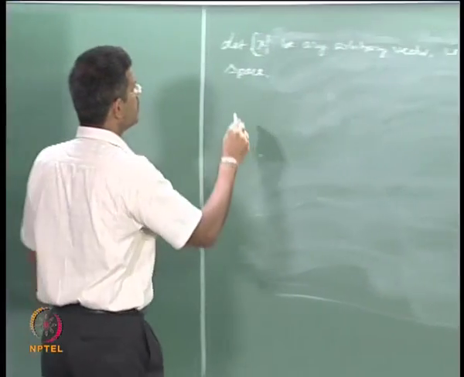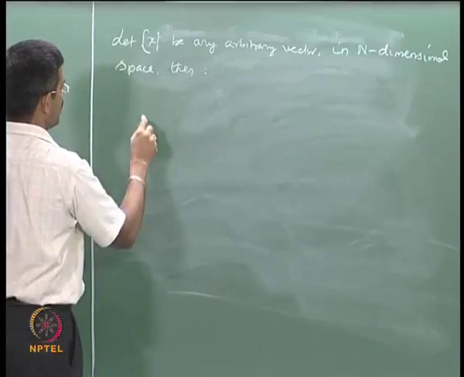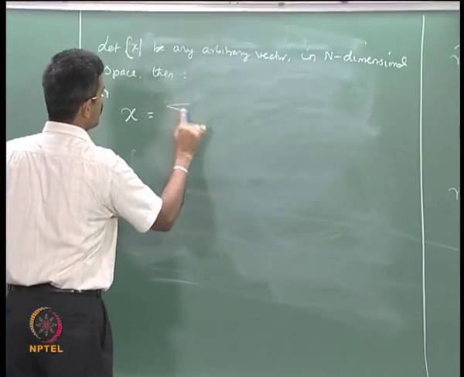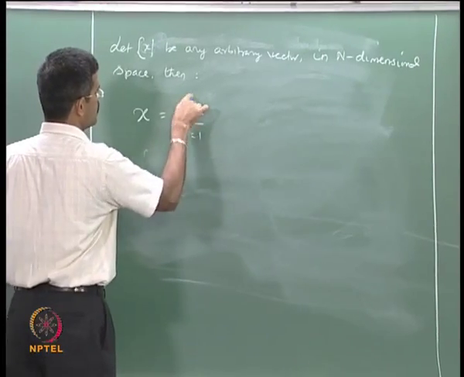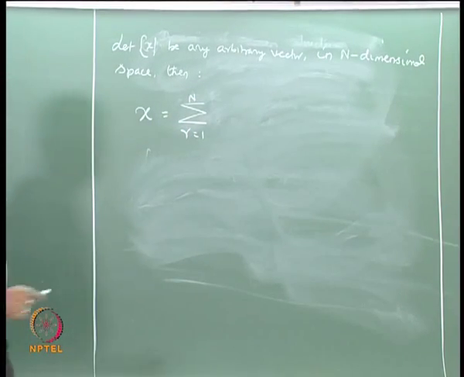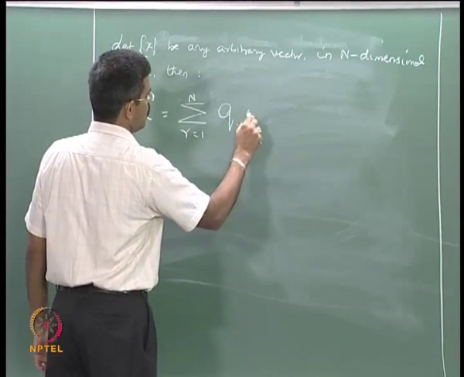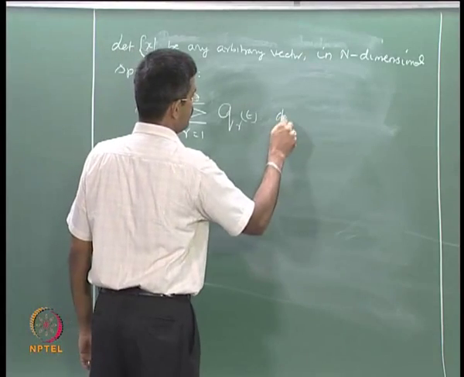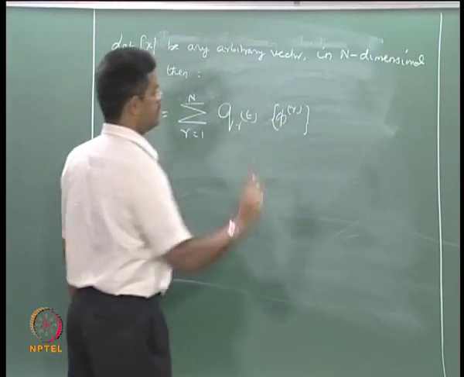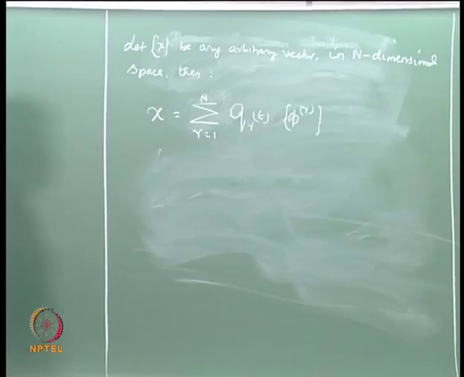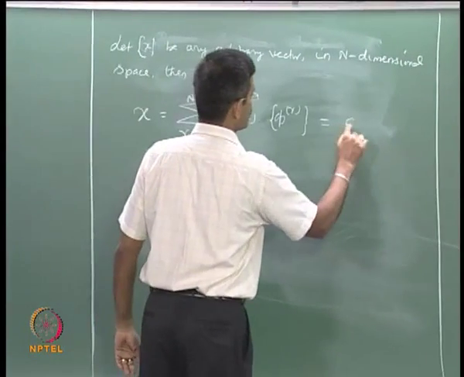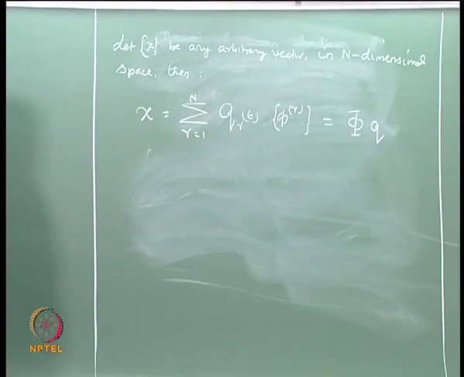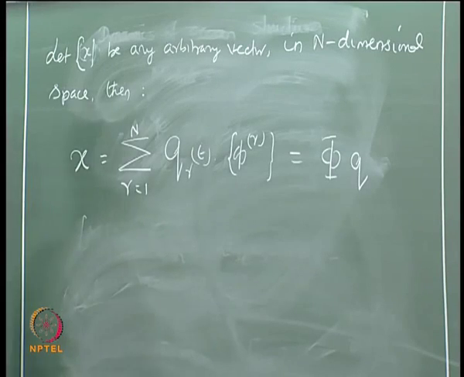Then I can write this x as simply the summation over r equals 1 to n of q r of t phi r, which I call phi q. Let us say this is equation number 2.